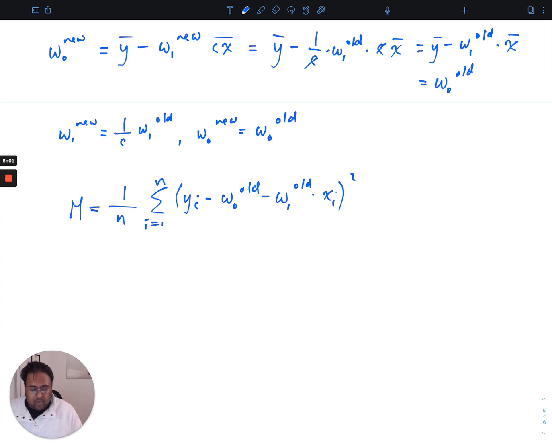Okay, it's the mean squared error when I plug my optimal parameters into the expression for mean squared error. The new mean squared error is what I get when I plug in my new optimal parameters, W naught new and W1 new. So let's do that. I'm looking for the value of this.